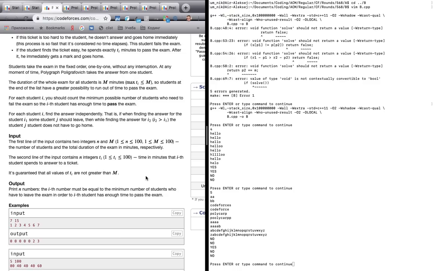Students are in some fixed order, and we also have some total time for all students, and we have to answer for each student how many students before him should fail for him to succeed. Like he has to answer his ticket in time.